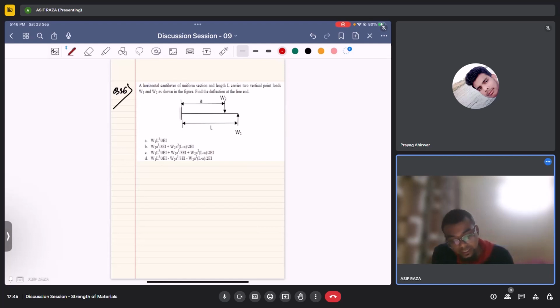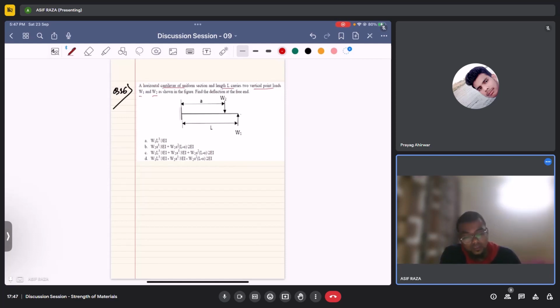A horizontal cantilever of uniform section and length L carries two vertical loads W1 and W2 as shown in the figure. Find the deflection at the free end. One load is acting at the free end while the other load is acting at a distance a from the fixed end. We need to find the deflection at the free end due to these two vertical loads. So we can directly calculate using the moment area method.